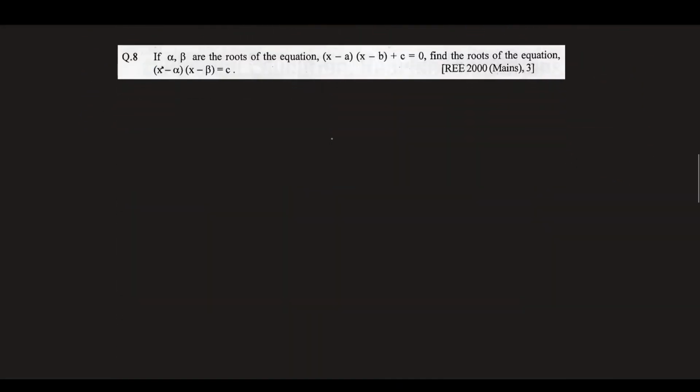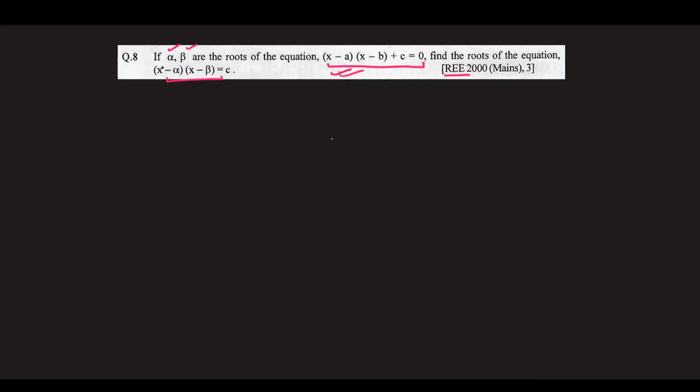Now we have this question from REE, that is Roorkee Engineering Exam from 2000, and it's a good question. The question says that if the roots of this quadratic equation are alpha and beta, we have to find the roots of this equation. First we will be looking at this equation.